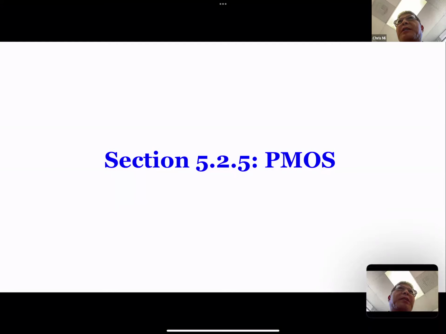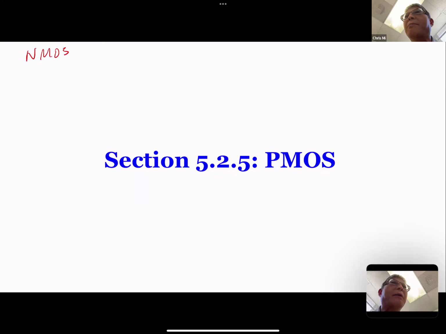That is very important because PMOS, if you look carefully, is almost a duplicate of NMOS, except that the direction is from S to D instead of D to S. So let's summarize some of the characteristics of NMOS.